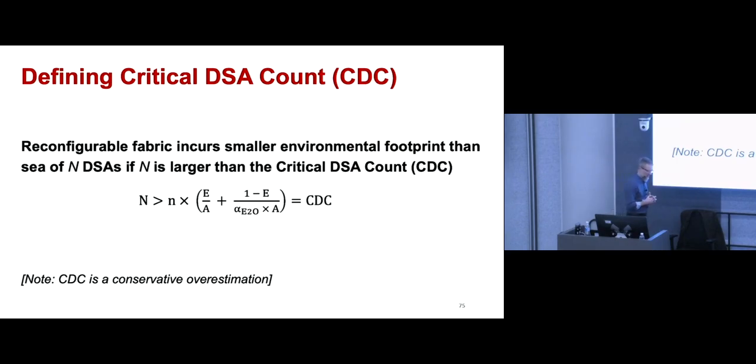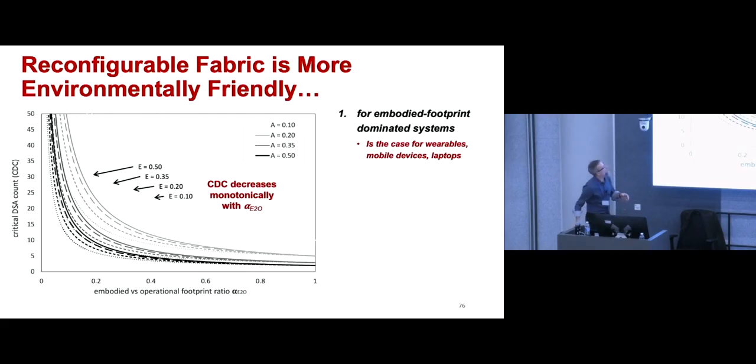It basically says that if the total number of accelerators that you want to integrate on a chip is larger than the CDC, the critical DSA count, then a reconfigurable fabric will be more sustainable compared to the sea of DSAs. And if you plot this CDC as a function of this ratio alpha, then we see that it is monotonically decreasing with alpha. No surprise, I would say.